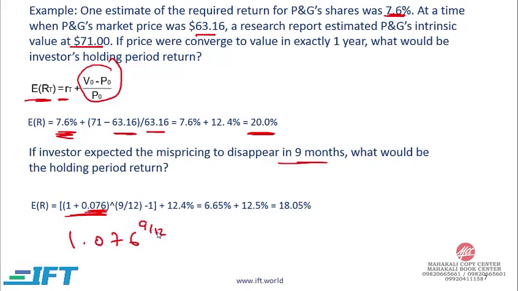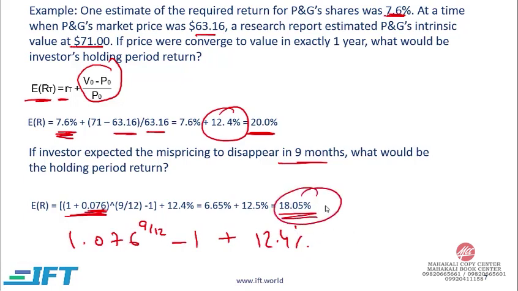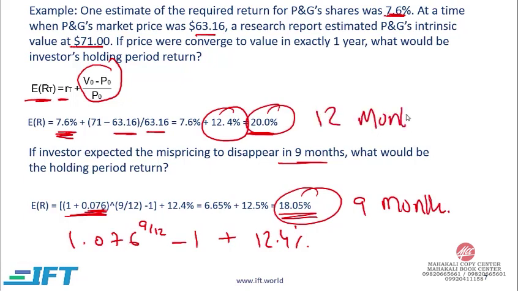This is the holding period, and then minus 1 to come up with the percentage. Then we add 12.4%, which is coming from the convergence, and this gives us 18.05%. Note that this 18.05% is for 9 months, whereas this 20% is for 12 months or 1 year.